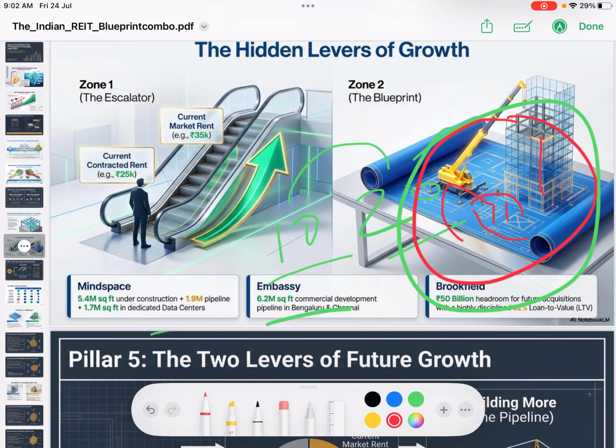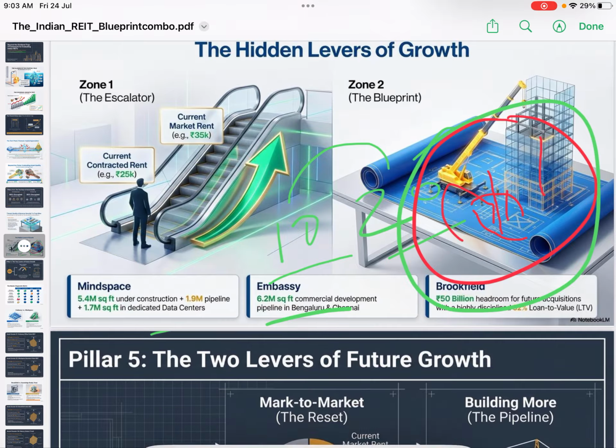So once the building is ready, they do not have to find new customers. They already have the customer, and they just have to give it on rent. So these are the two options for them to increase their income and basically increase the shareholders' income without any additional expenditure.